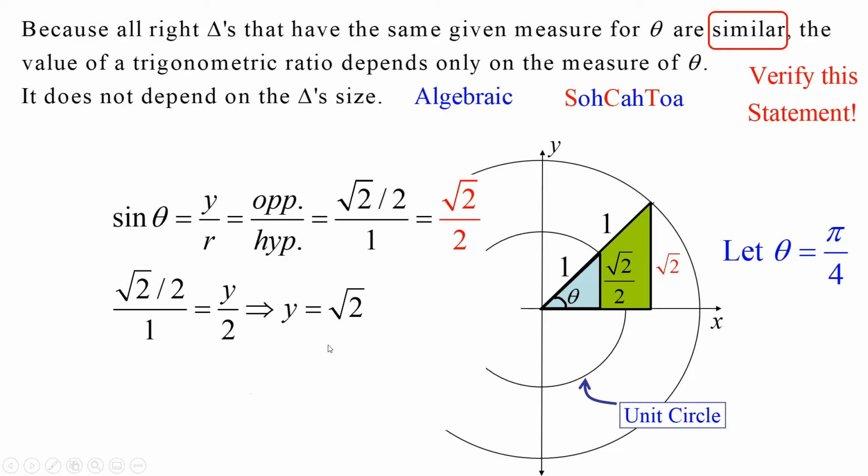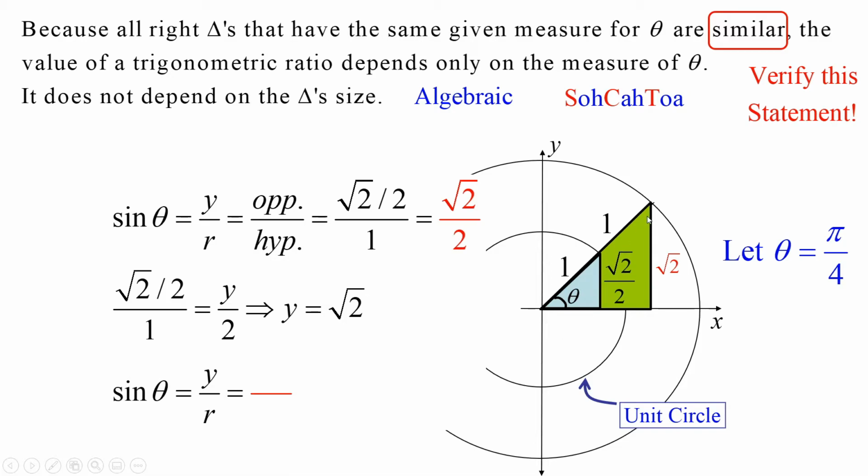Okay, now take a look right here. So sine of theta. Now we're talking about the same angle theta right here. And when we use this first quadrant 1 right triangle, we got root 2 over 2. What if we use now the similar quadrant 1 right triangle right there? Sine is y over r, algebraic, and that equals, and what do we have here?